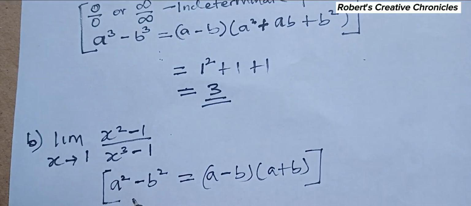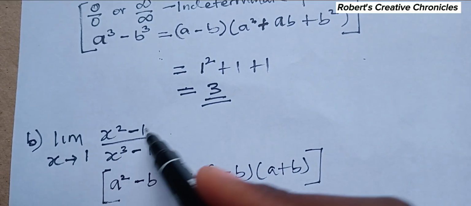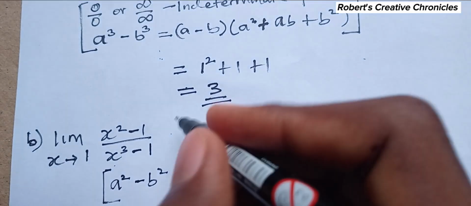That's for the top one. If you substitute 1 again, it will give us 0 over 0, and we don't want that. So we have to work it.